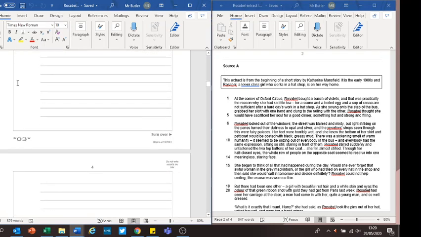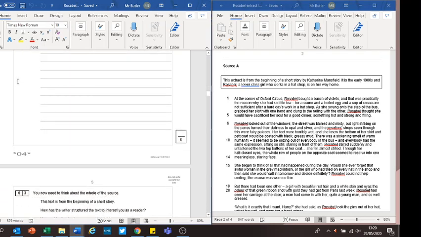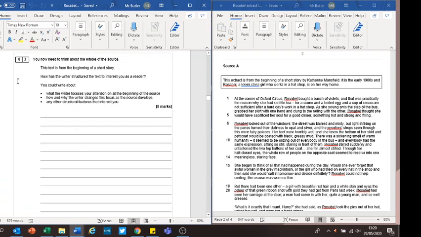Question 3 is actually very straightforward. It tends to confuse a lot of people, and it tends to cause a little bit of stress, because a lot of the work you do in English is quote, evidence, effect.